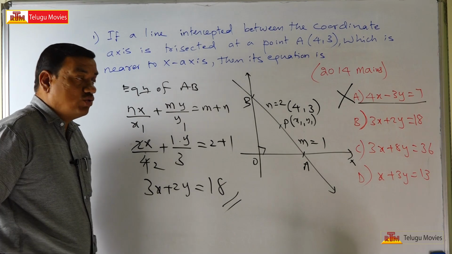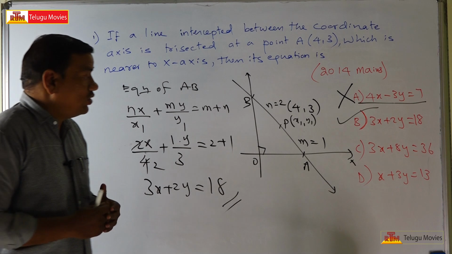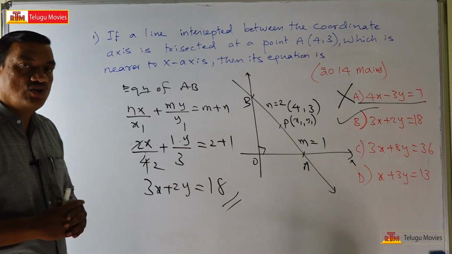So 3x + 2y = 18 is your correct answer. I hope you understand this solution. Let us go for the next problem.